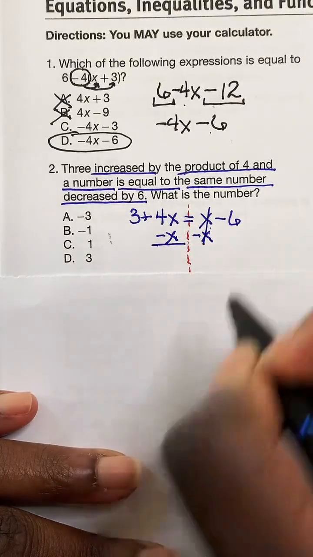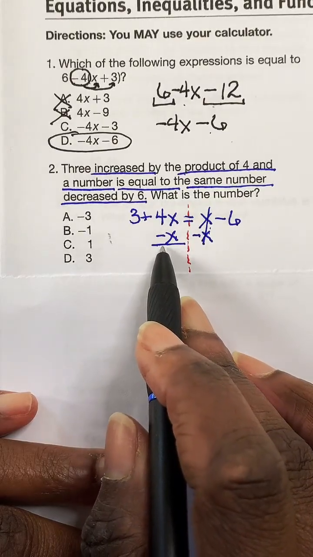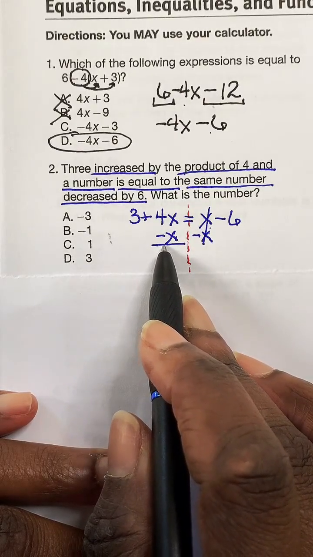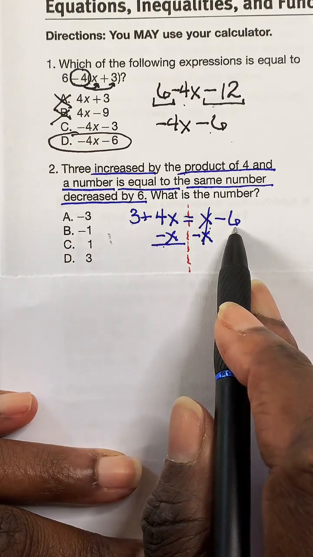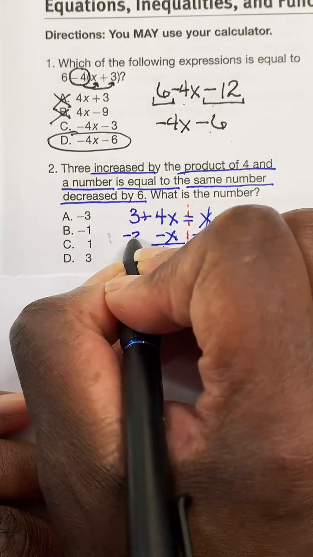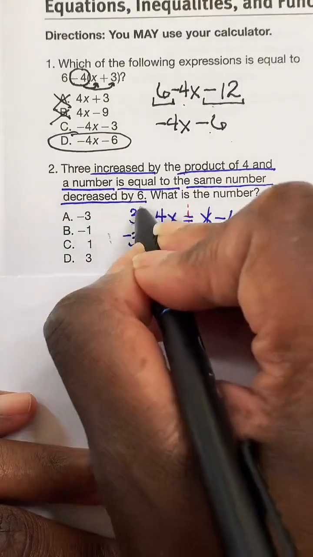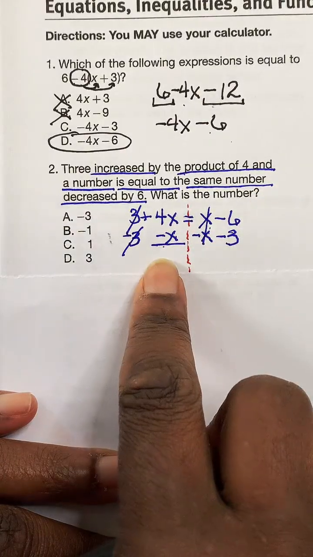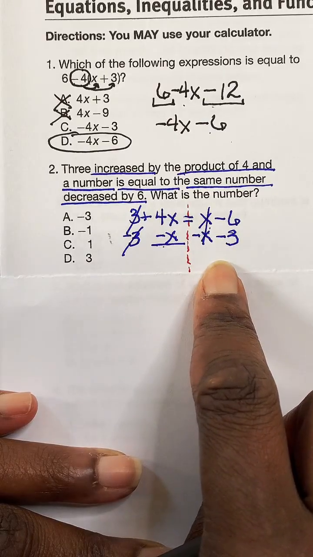So these x's can cancel out. So if I'm bringing my x's to the left-hand side, that means I need all my constants, the 3 and the -6, to be on the same side as well. But I'm going to push by subtracting the 3 on the other side. So if my x's are going to be on the left-hand side, I'll have my constants on the right-hand side.